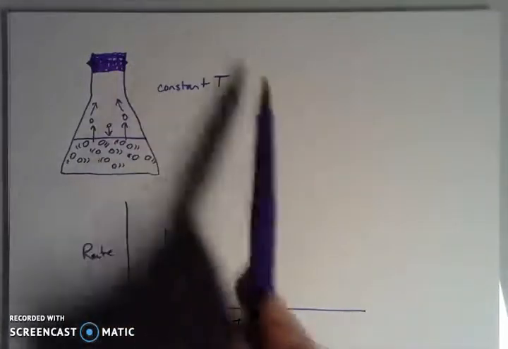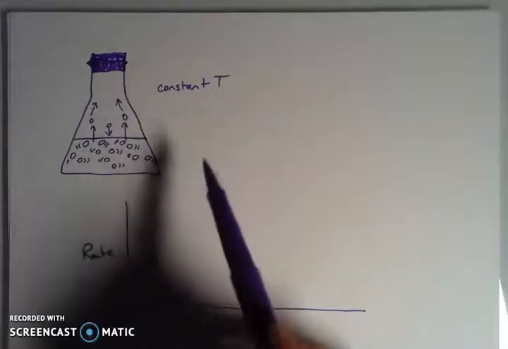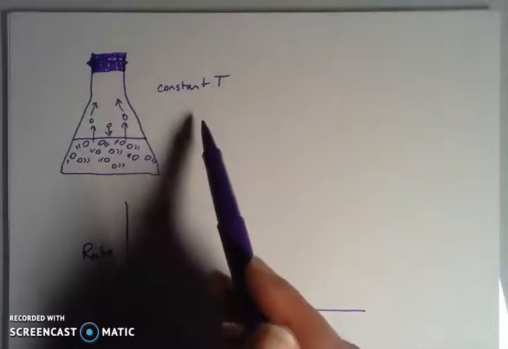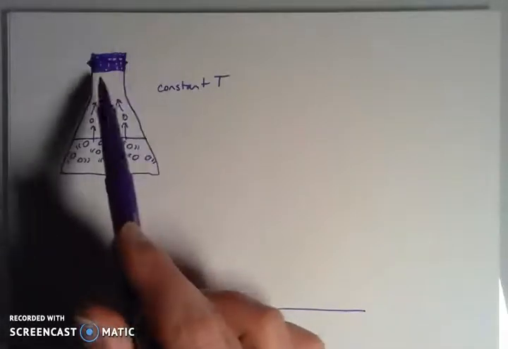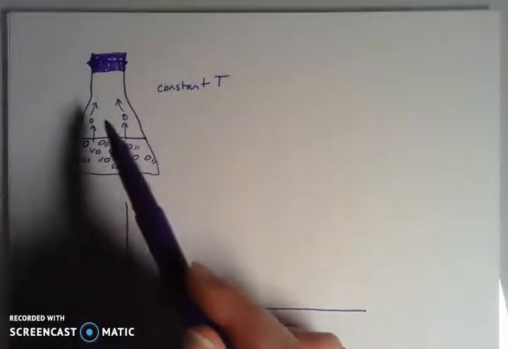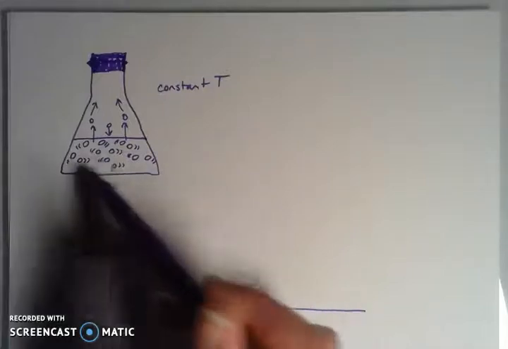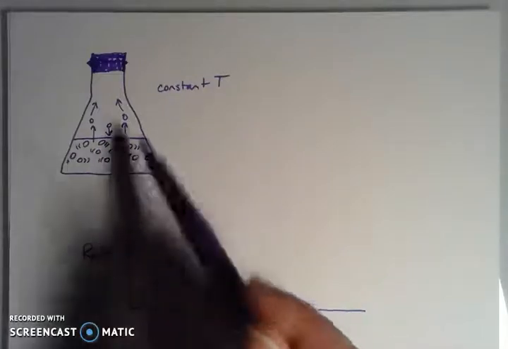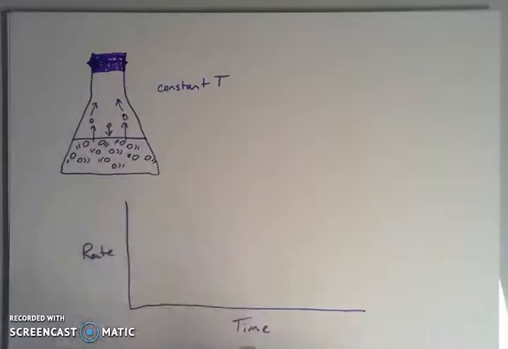So if we keep this temperature constant, so I'm not putting more heat into the system or anything like that, then this process is going to reach a point, so long as we have a closed system, I'm not allowing any new gases in and out, where the rate of the liquid going to the gas is equal to the rate of the gas going to the liquid.